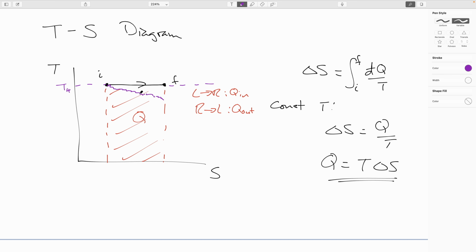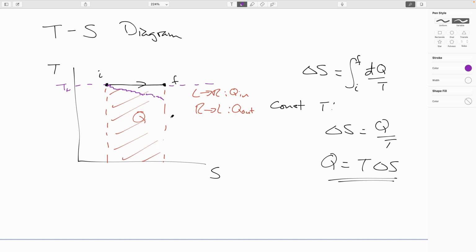Anything horizontal would be an isothermal process. Anything vertical would be an adiabatic process, so there's no heat transfer. So we could cut it up into a whole bunch of rectangles that are bounded by the isotherms, and for each of the different isotherms, for a less efficient process, the heat transfer would be the area under this curve, for instance.